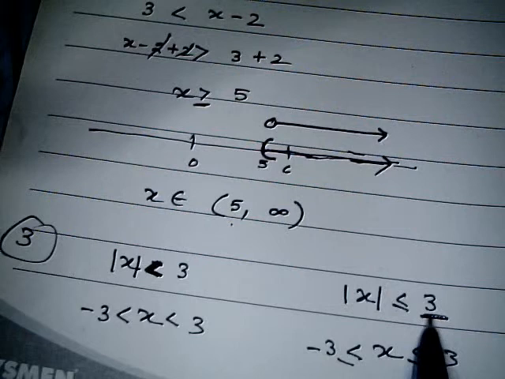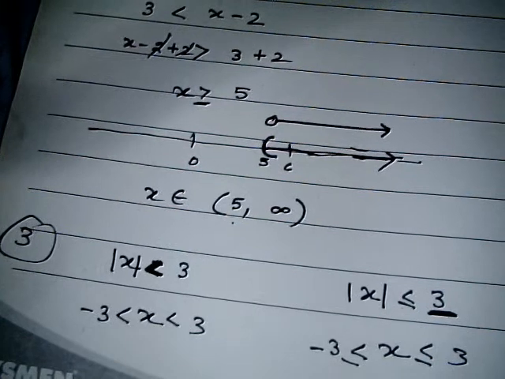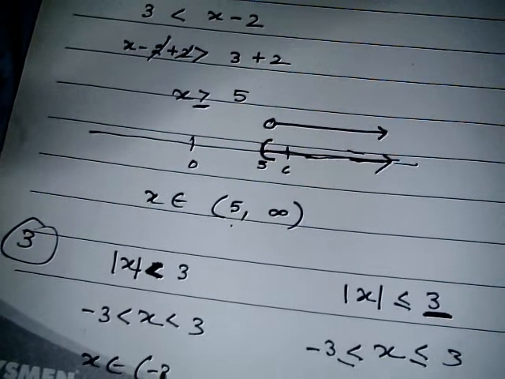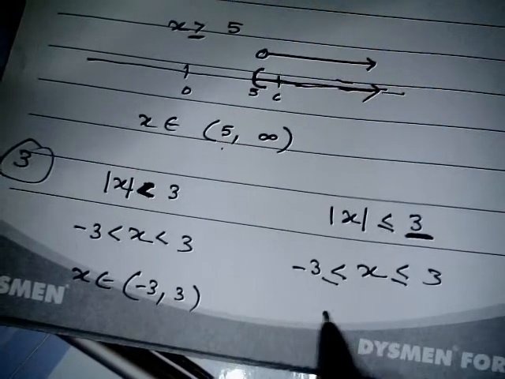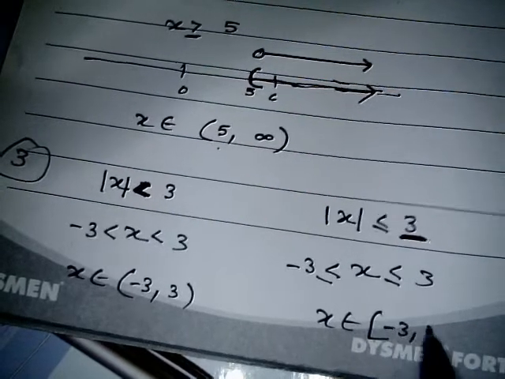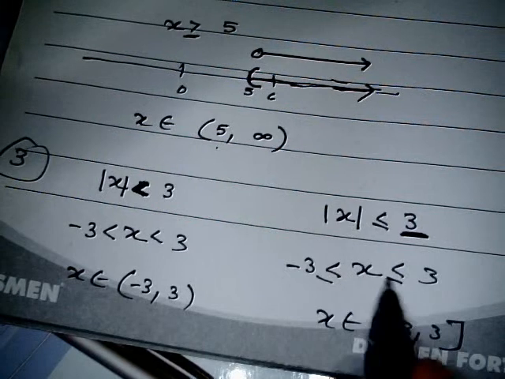So this is going to be the range over here. In the notation form, you will write -3 to 3. If it is less than or equal to on both sides, then square brackets; if it is strictly greater than and less than, then parentheses.